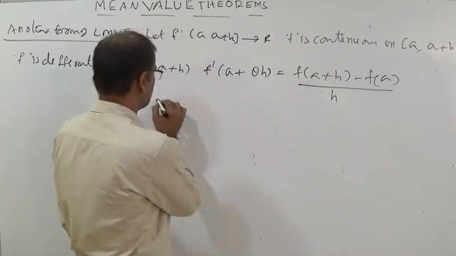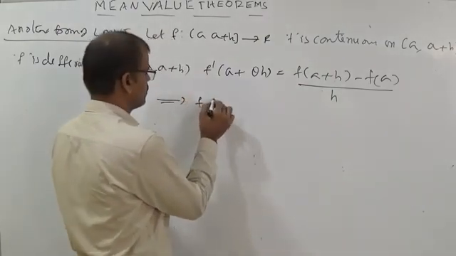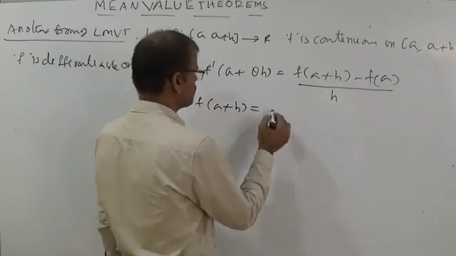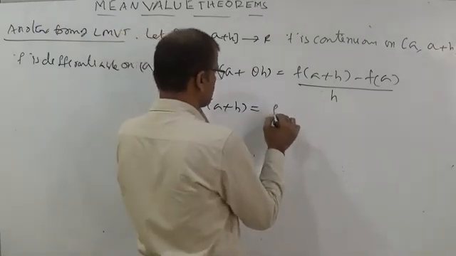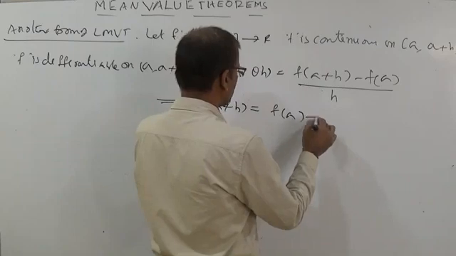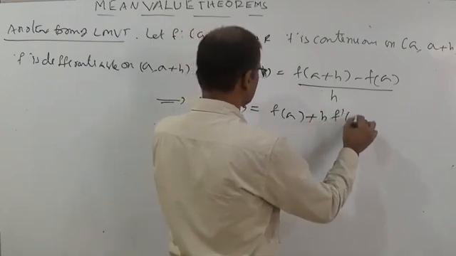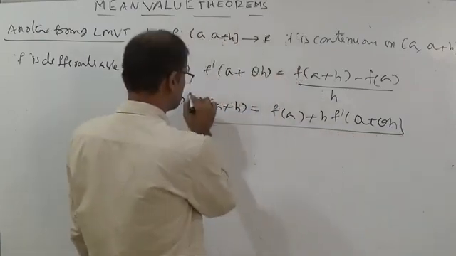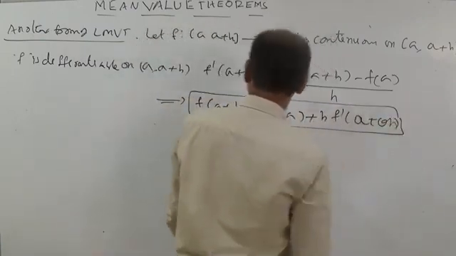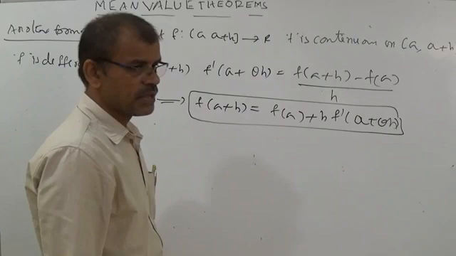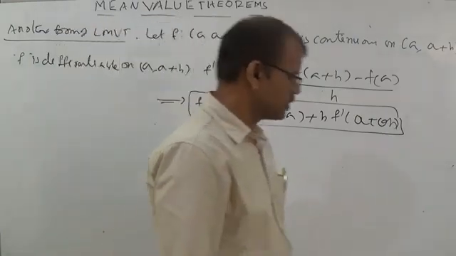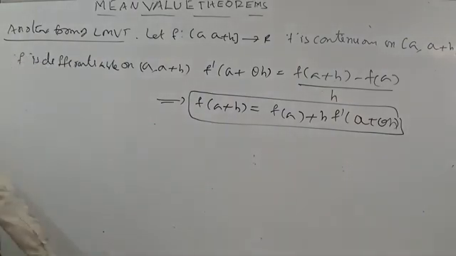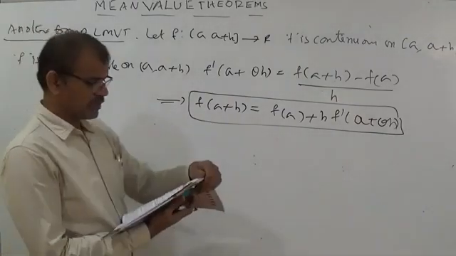Now using this, taking this side, f of a plus h is equal to f of a plus h into f dash of a plus theta h. This is a useful formula. f of a plus h is equal to f of a plus h into f dash of a plus theta h. This is an important topic.